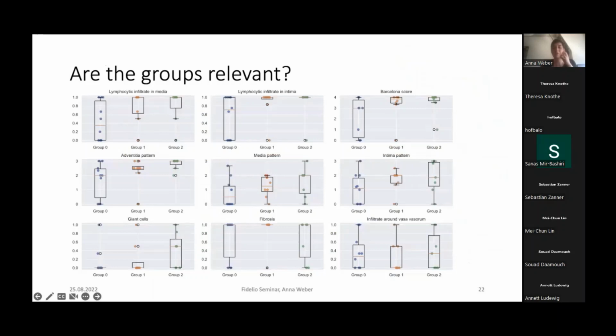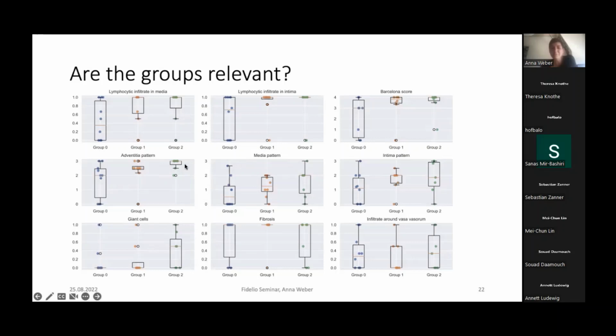So we tried to do some analysis of clinical variables, comparing them between patients of these different groups. You don't really have to understand what all of these are. Basically, I think this middle row is the most interesting, because here it seems that there's some kind of pattern going on, that group 1 and 2 get higher scores than group 0.